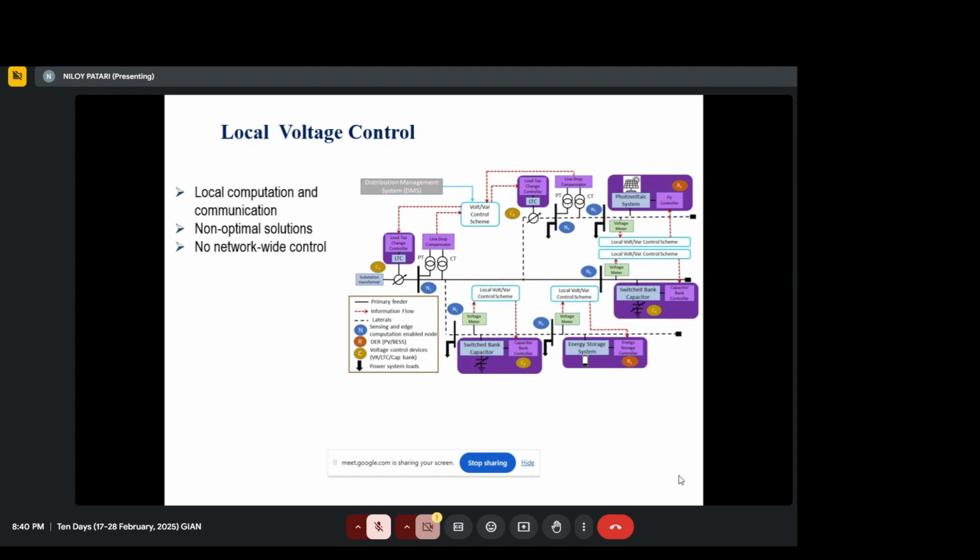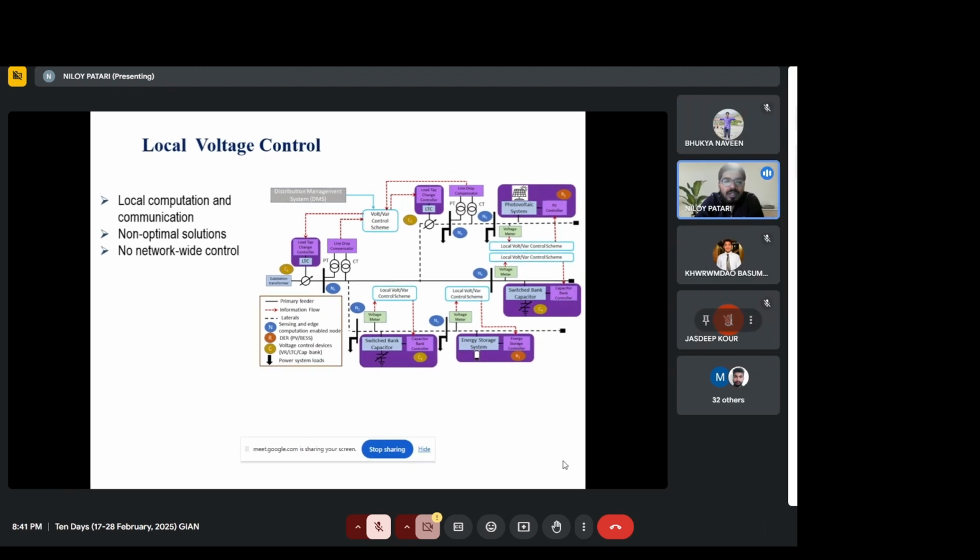The other one is local control, as I told, local computation and local communication, so it is done locally, right? If you have a capacitor and you say, if the voltage goes beyond 0.98, don't switch it on, and if it stays below 0.96, then switch it on.